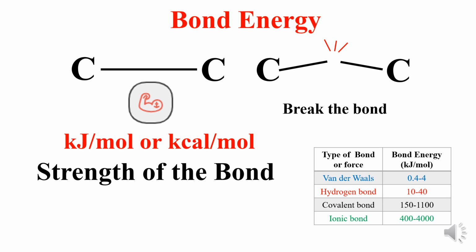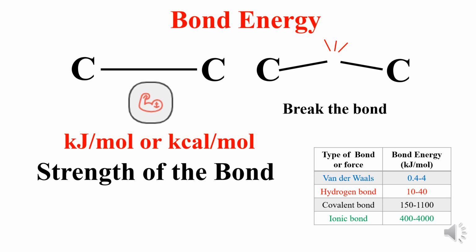In case of covalent bond, the bond energy value varies from 150 to 1100 kilojoules. While in case of ionic bond, the bond energy value varies between 400 to 4000 kilojoules per mole.